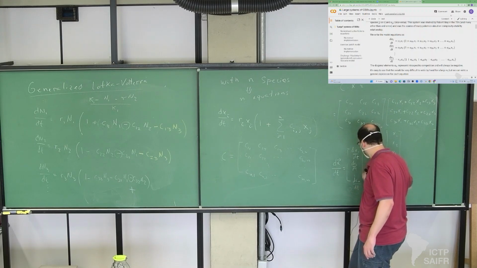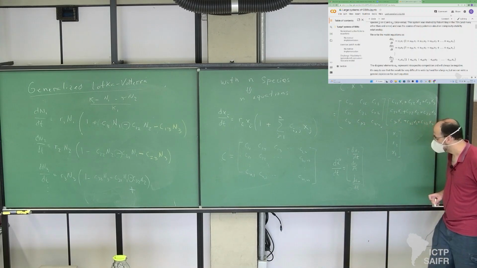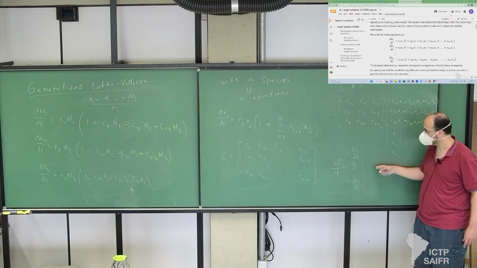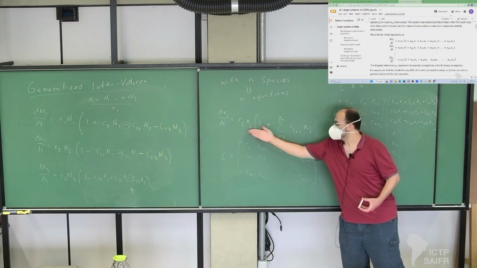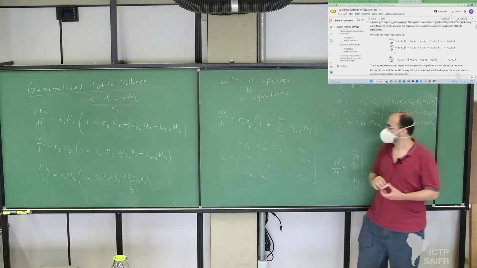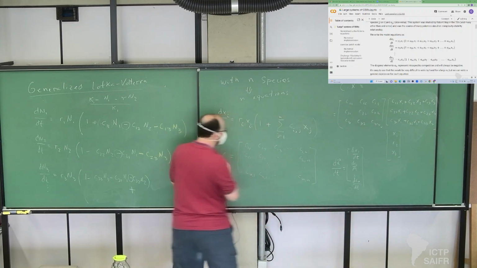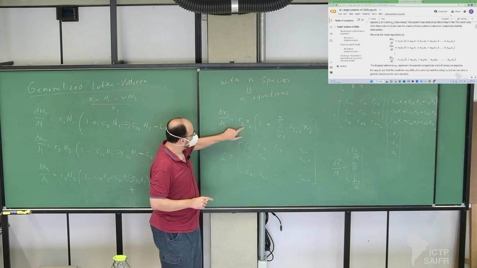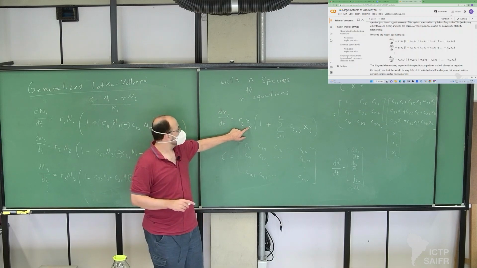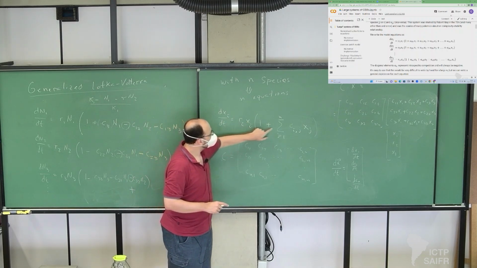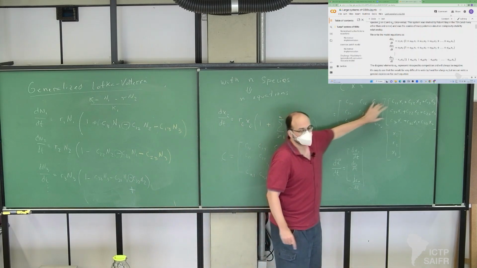So I have a vector like this. It has to have in each line what is in the right-hand side here, okay? So for each line, I have to have r_i times x_i times 1 plus this matrix product here, okay?